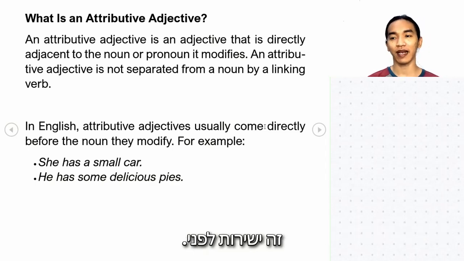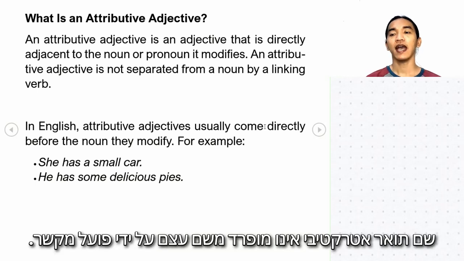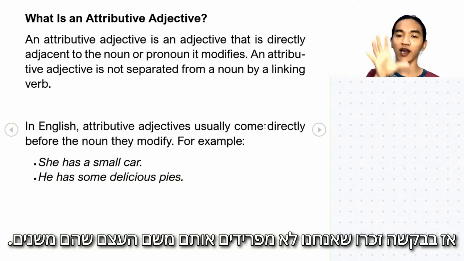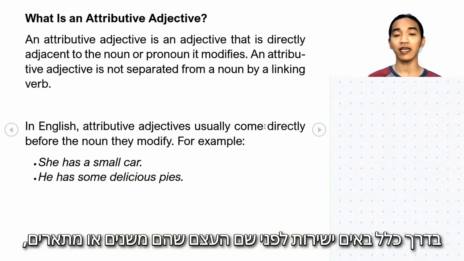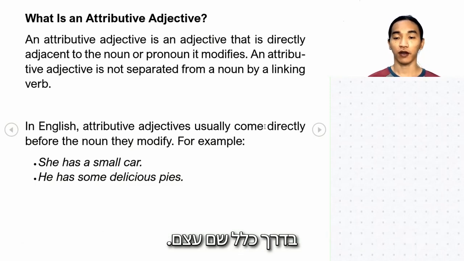It's directly before. An attributive adjective is not separated from a noun by a linking verb. Please remember that we do not separate them from the noun they modify.